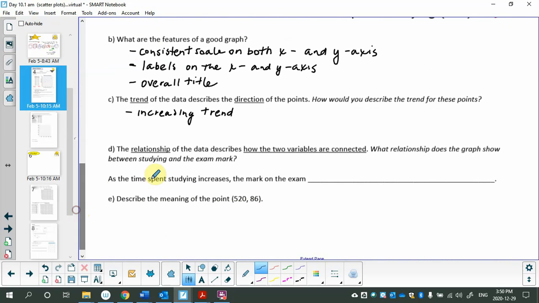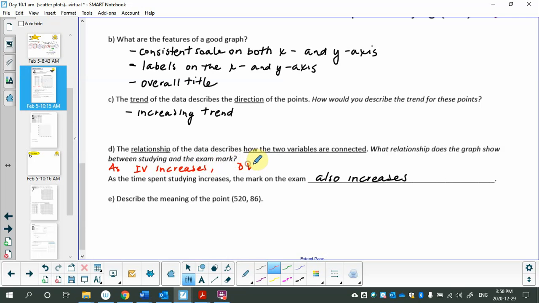So as the time spent studying increases, the mark on the exam also increases. What you want to do is talk about as, and then you mention the independent variable, and you always say the independent variable increases.